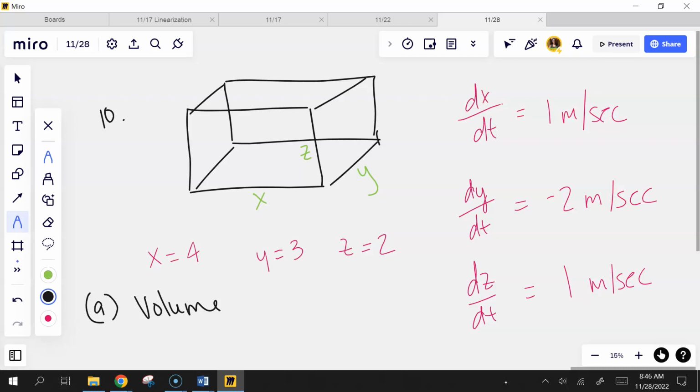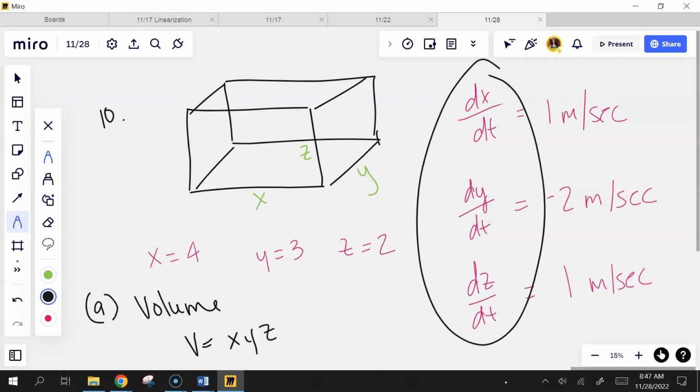So I need an equation that's going to, just like we were doing before with optimization, relate all this together, right? So let's do that first. How do you find the volume of a box? That's right. X times Y times Z. Now I need to do some type of derivative where I can relate all of these together.